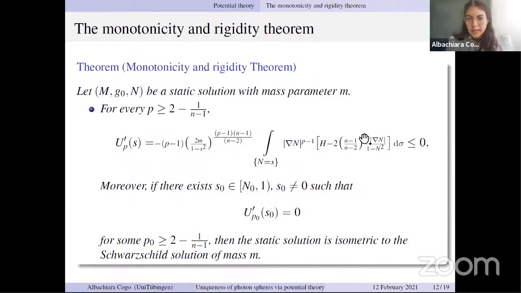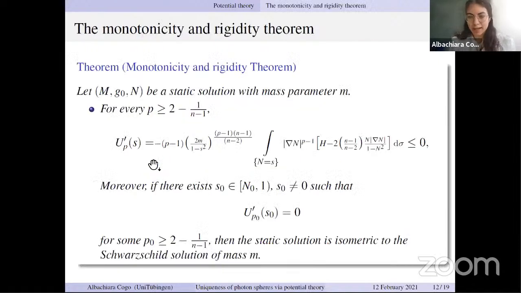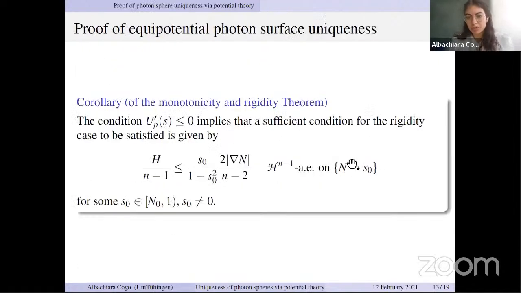A sufficient condition for that is just that this inequality holds almost everywhere, which means that the quantity in the brackets here is less or equal than 0 almost everywhere with respect to the Hausdorff measure on some level set of n. So now the easiest way to try to prove it is just to take the value of the lapse function on our equipotential photon surface and see if it's satisfied, and then we can conclude.